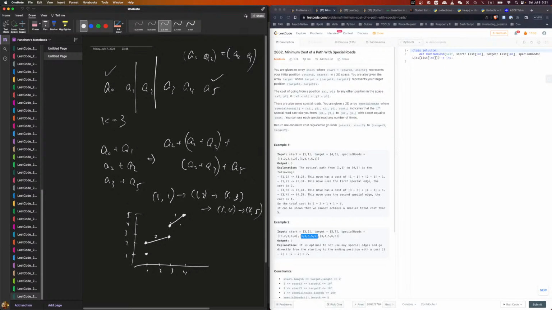If the special roads are worse or equal to not using them, then there's no way we use them. So we pick out the ones that are good, which means they have smaller cost. Now we have a bunch of roads that have smaller cost, but they can be all over the place.